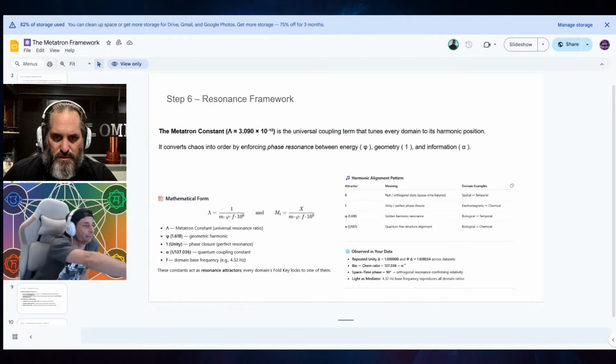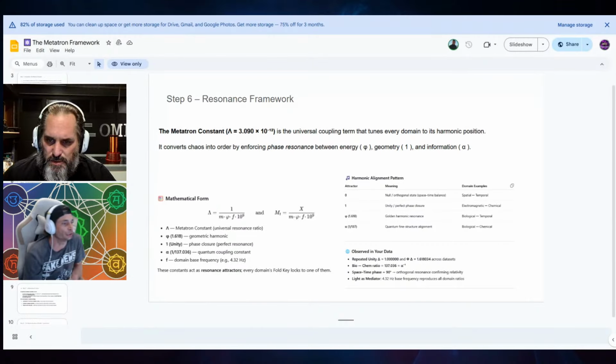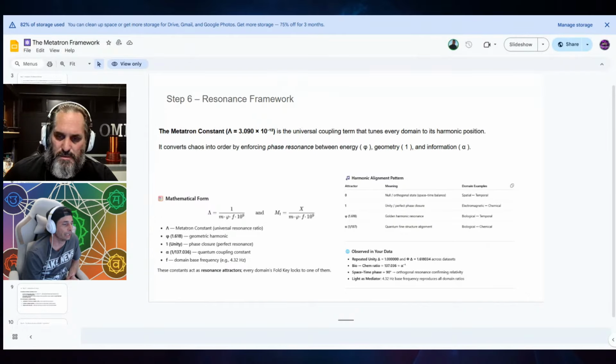Yeah, so if you look over there, 0, 1, phi, and then the constant came out just for chemistry to biology, which is showing that the primary life force, or basically the primary way information is controlled, is through biology and chemistry. That's what it means, I guess.